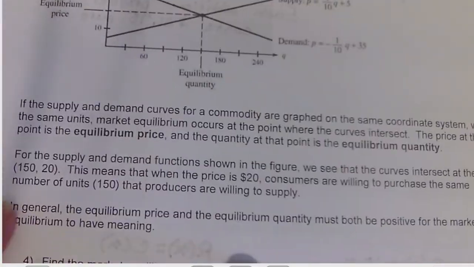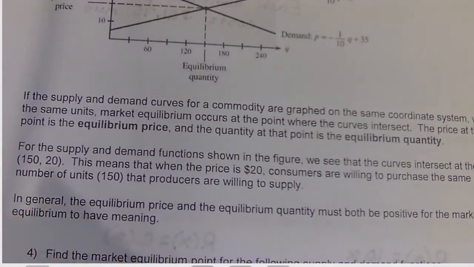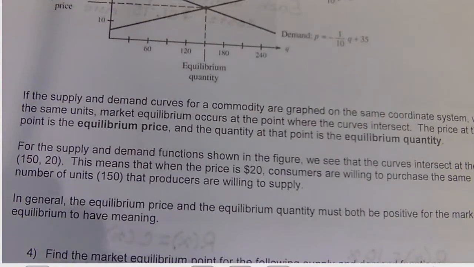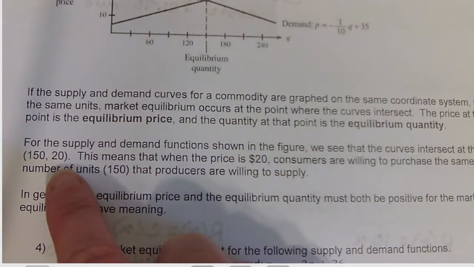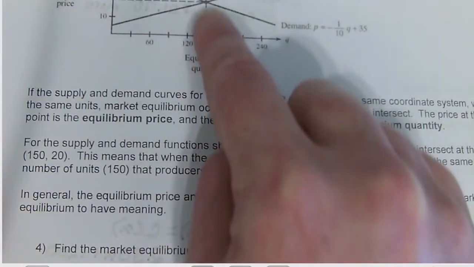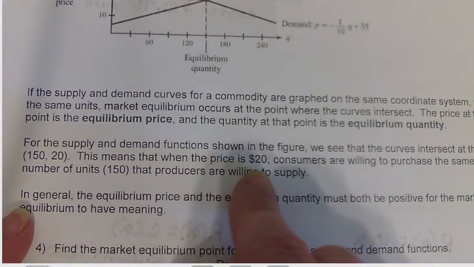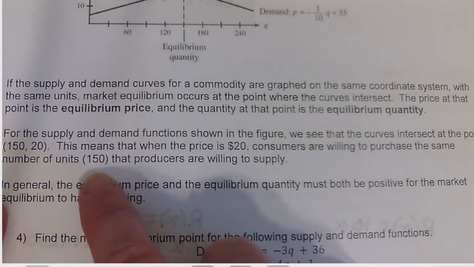If the supply and demand curves for a commodity are graphed on the same coordinate grid, market equilibrium occurs when they cross. In this figure, they're meeting at 150 on the x-axis and 20. That means the price would be 20, and consumers are willing to purchase 150 units.